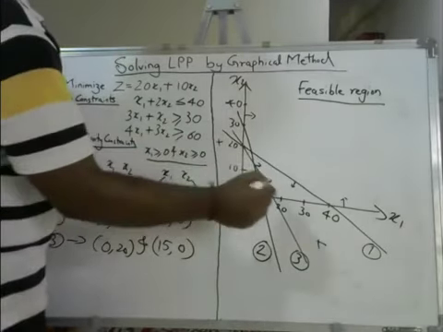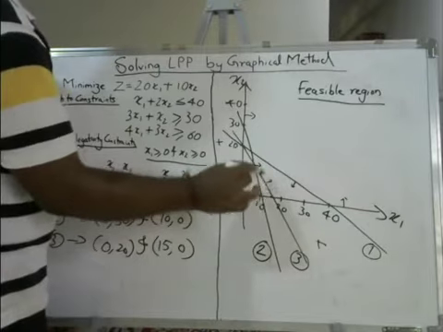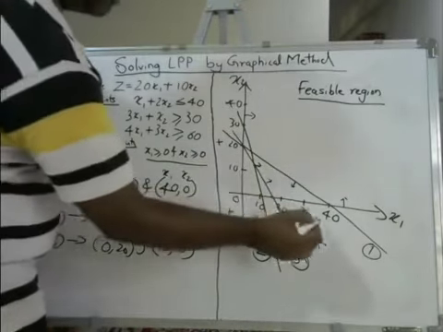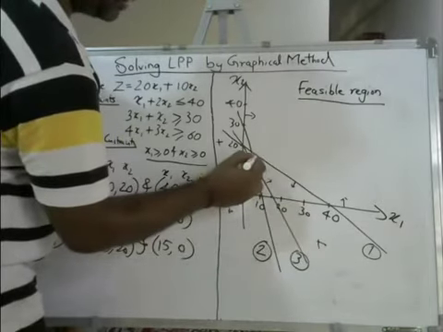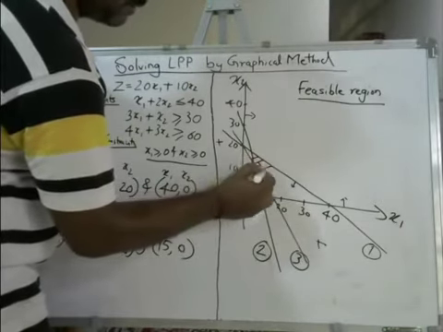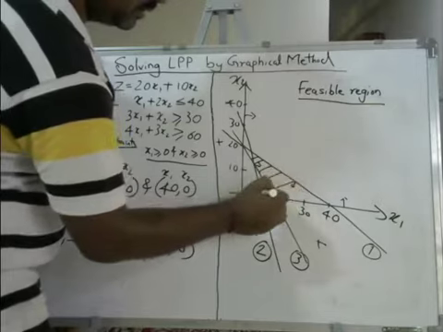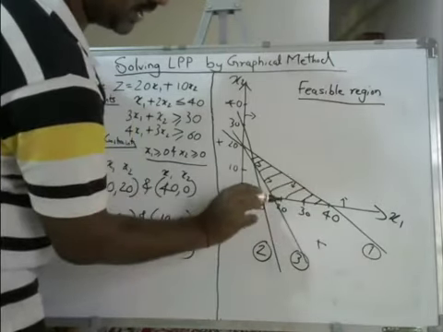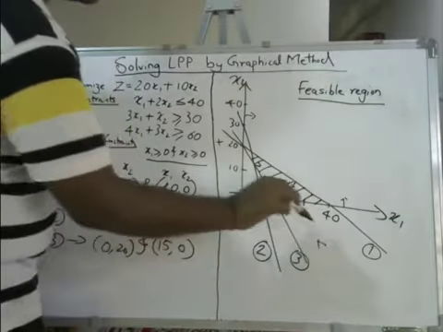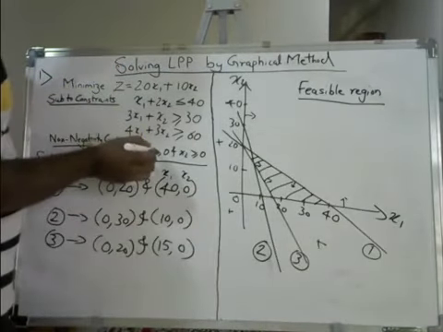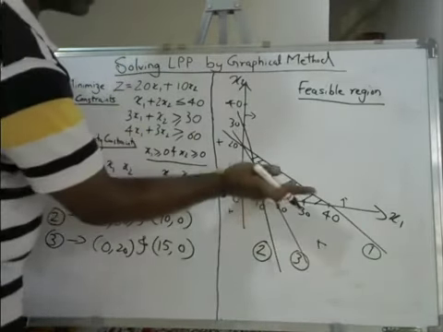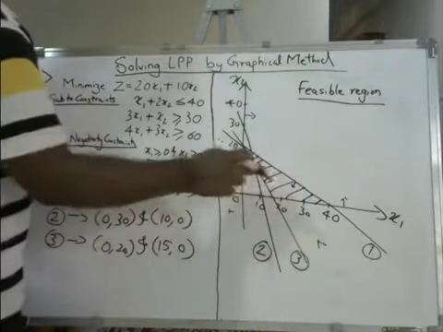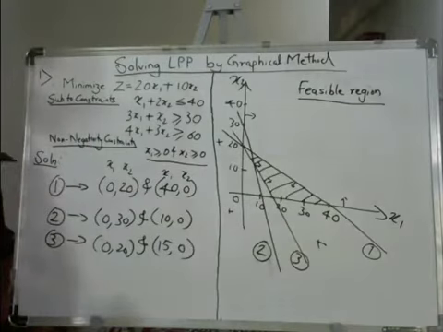The common region for all three equations is this area. This area cannot go downwards because X1 is greater than or equal to 0. So the feasible region cannot go below X1. So it ends here. So this is the feasible region.